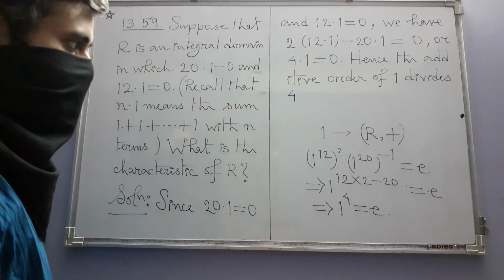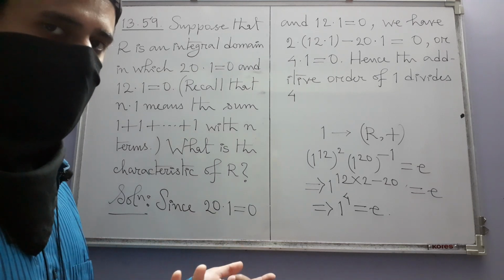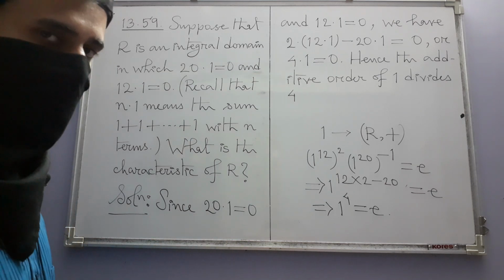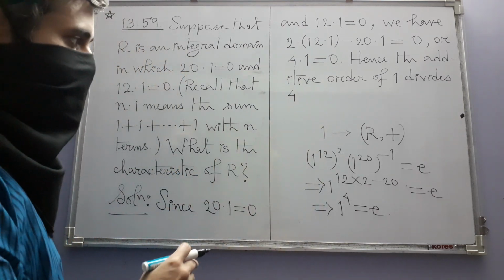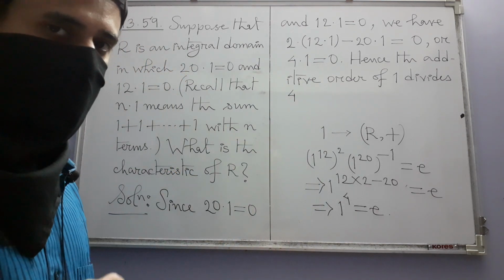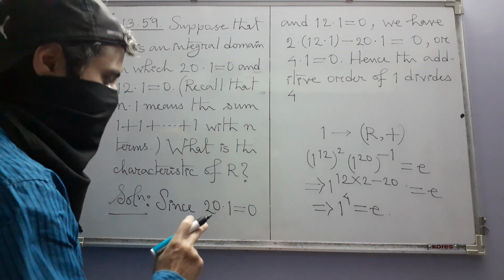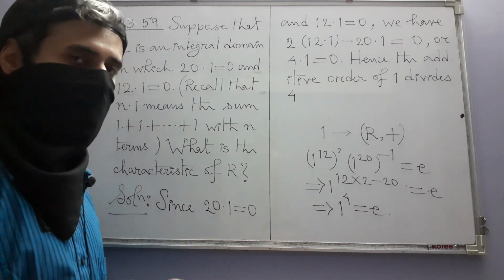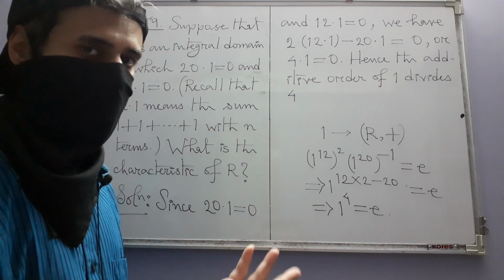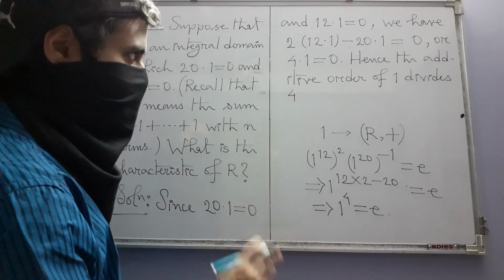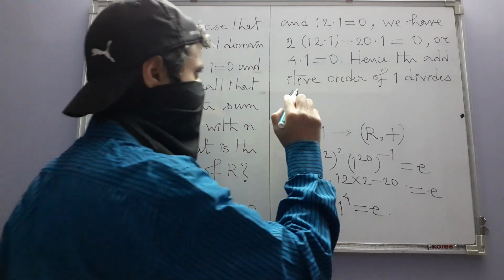And we also know from a result in ring theory that we already have seen in the text that this additive order is in fact going to be the characteristic of the ring. And because the ring is an integral domain, this characteristic is either 0 or a prime number. It cannot be 0, that we can see now. So it has to be a prime number.